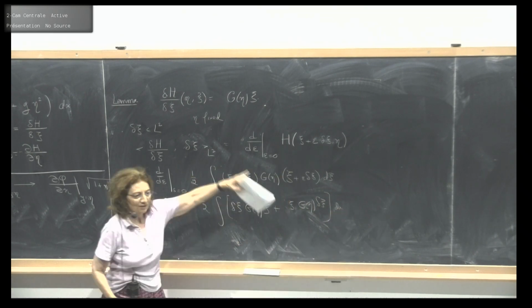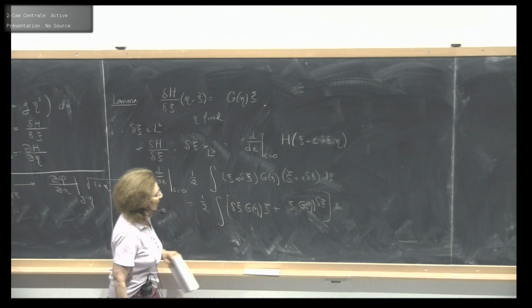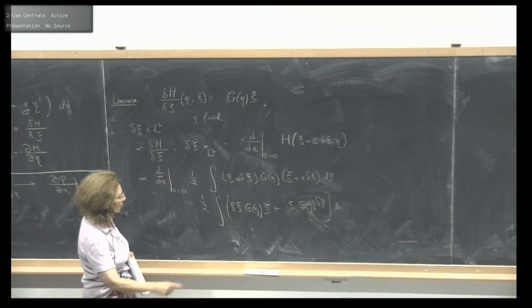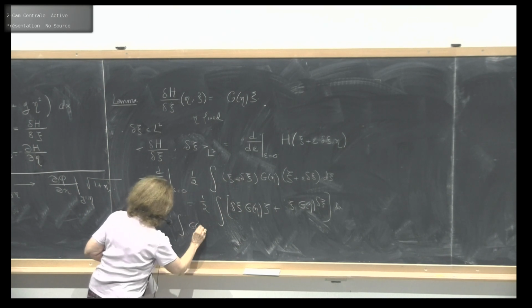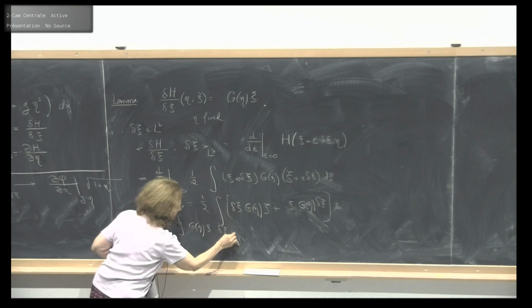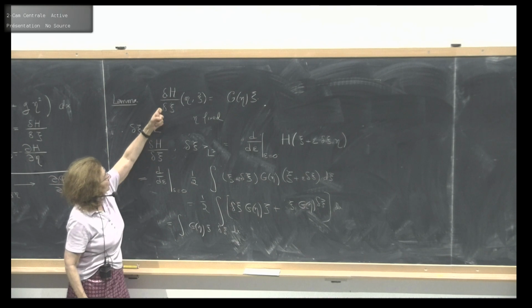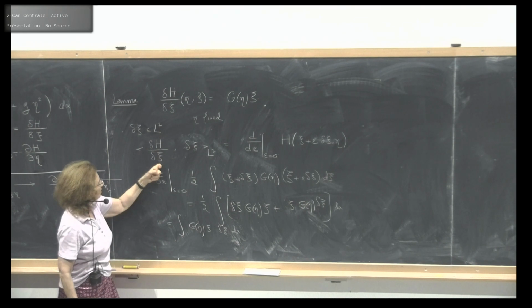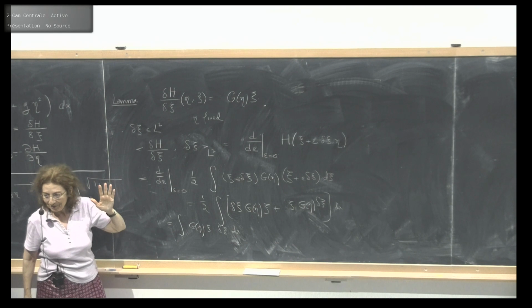Because G is self-adjoint, we have not proved it yet, but I will let you accept that it is self-adjoint, these are the same, so we can see that as the integral of G of eta xi acting against delta xi dx. So we identify the derivative in xi as G eta xi. That's the easy term.